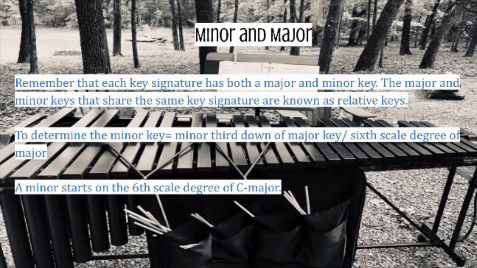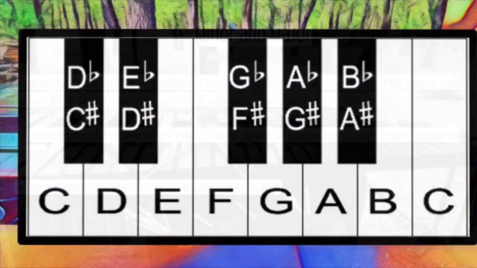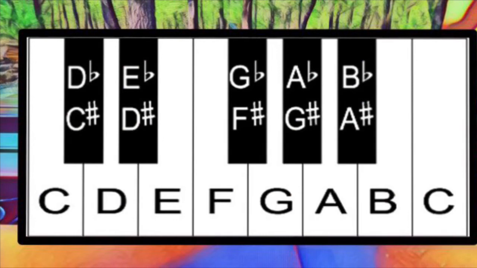To determine the minor key, you can do one of two things. You can go a minor third down from the major key, or you can go up a sixth scale degree from the major key. In the next slide, we're going to start with C major and find its minor relative.